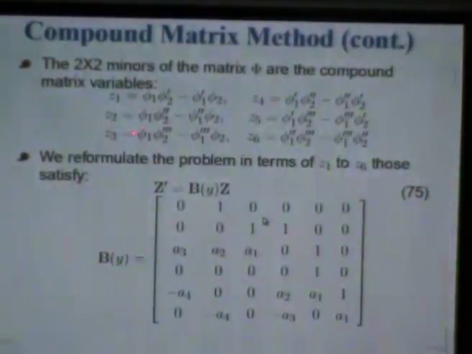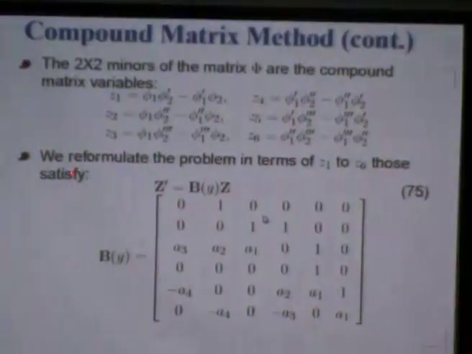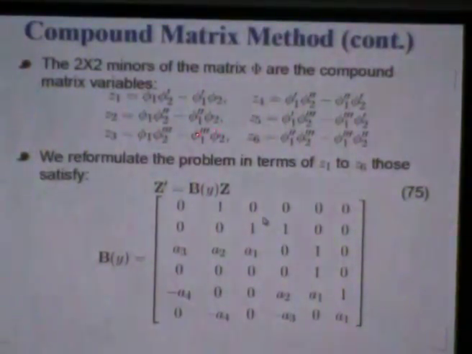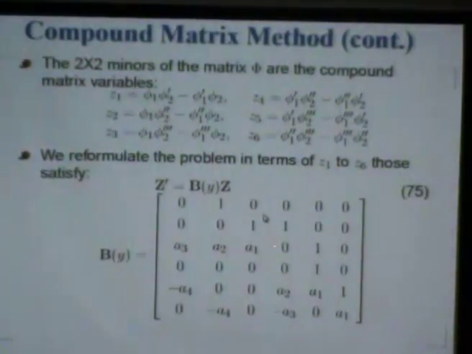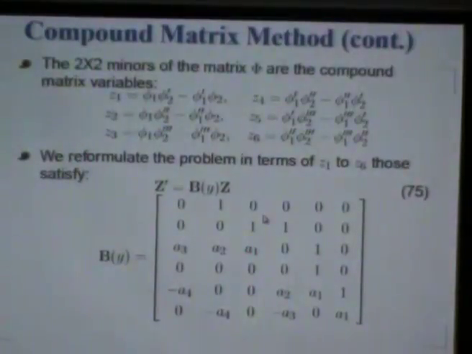So, if I take Z3 prime, of course, you can see that there would be phi 2 fourth derivative, and here we will get phi 1 fourth derivative, and since they satisfy your governing equation, you can plug them in and work it out. You would see that you will get Z3 prime equal to A3 Z1 plus A2 Z2 plus A1 Z3. The same way we can work out Z4 prime.